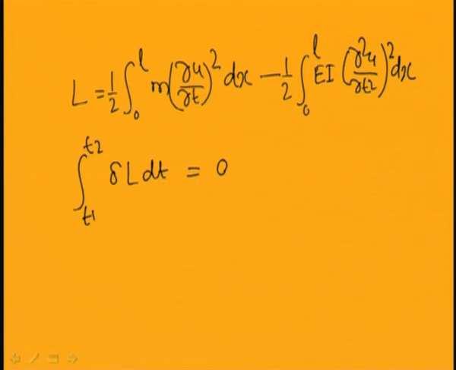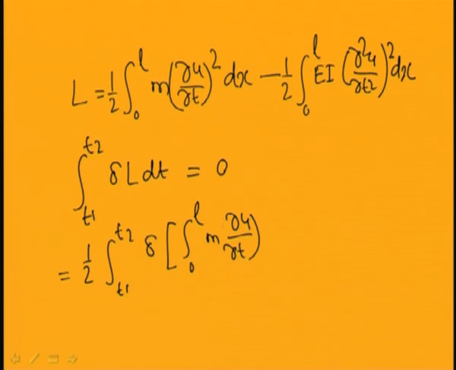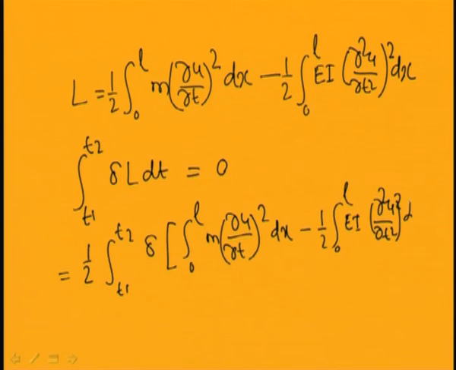So, I will apply this del operator to this L and I can write this expression as integral T1 to T2 del of, I can take this half out, del of in bracket, integral 0 to L m (del u by del t) whole squared dx minus half integral 0 to L E I (del squared u by del x squared) whole squared dx, into dt.